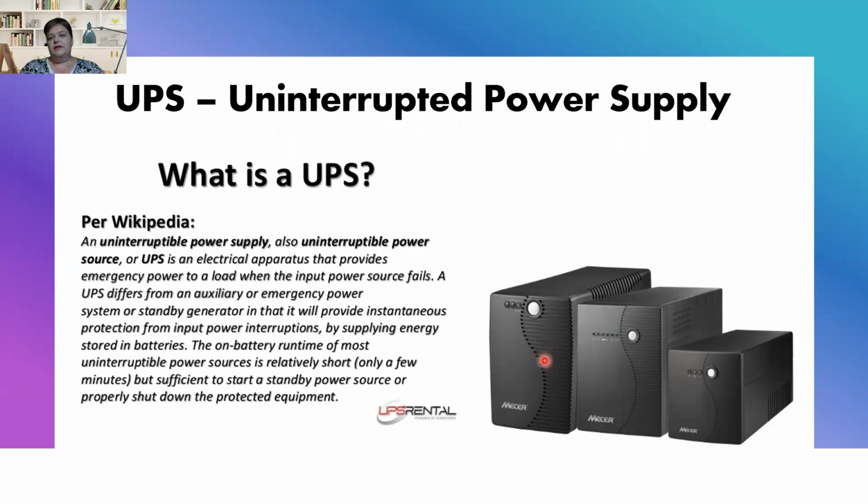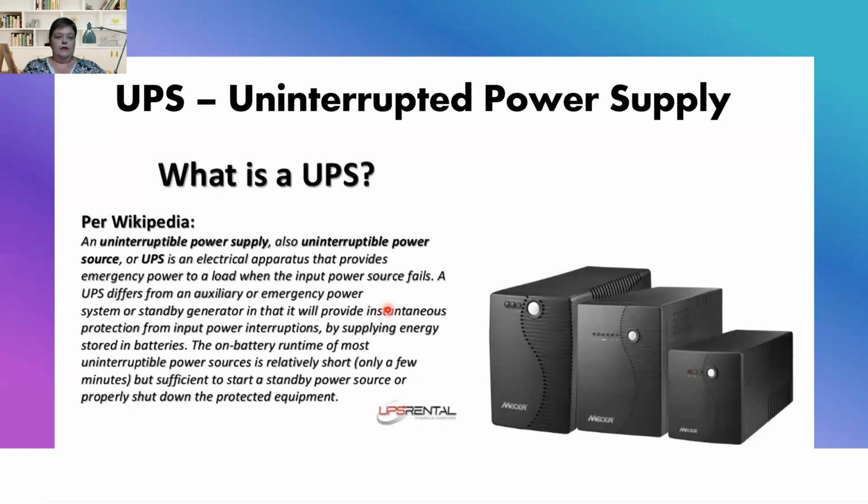If you were to open it up, it almost looks like a car battery inside. You would be able to connect your PC, your laptop, even your Wi-Fi to one of these, so that if the power goes down, you still have some power to be able to run some of your devices.